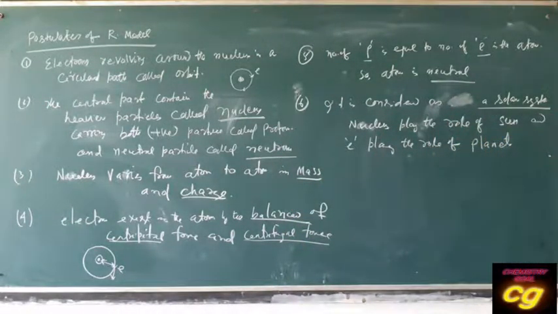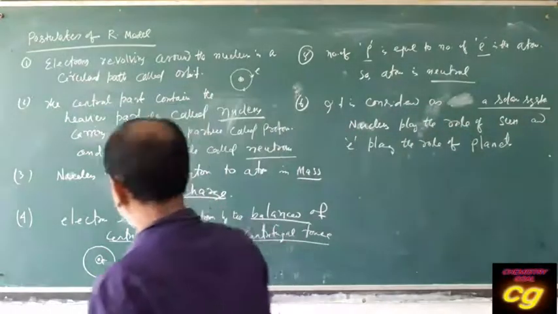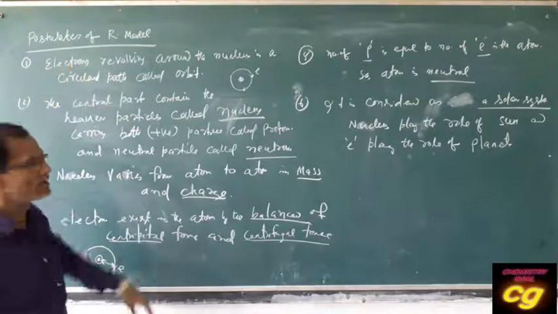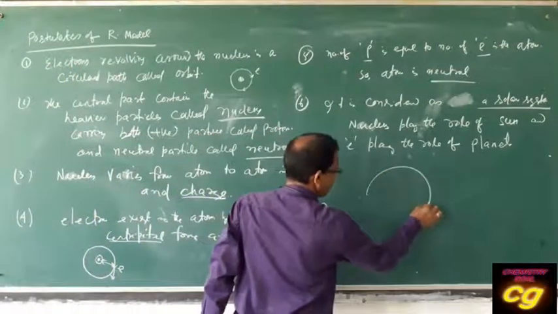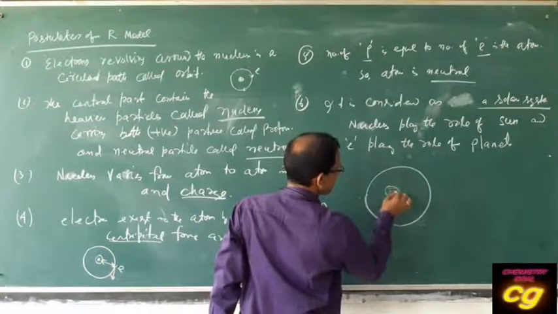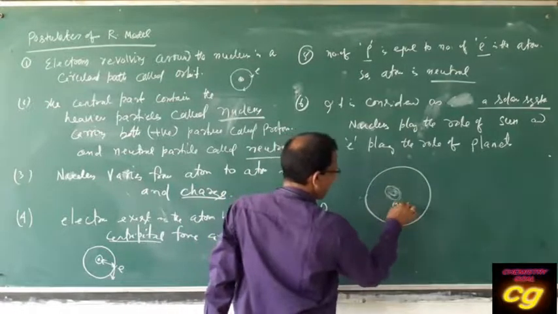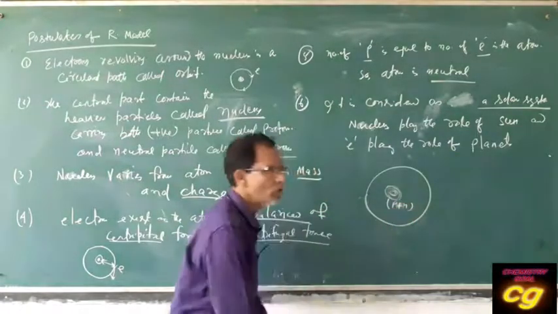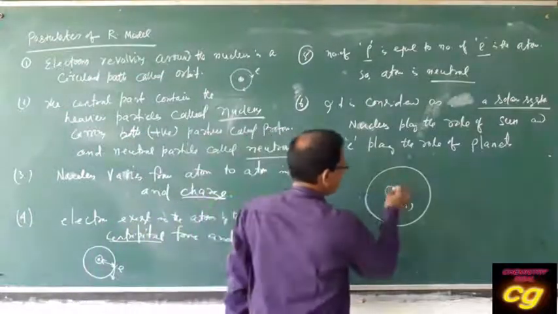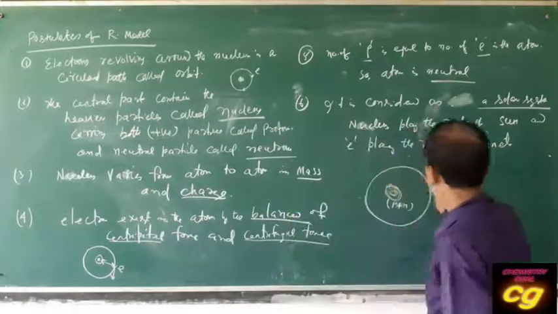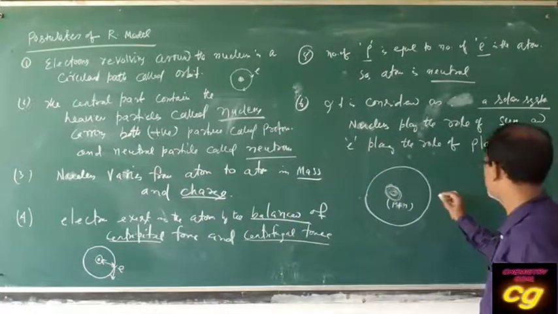So these are some postulates of Rutherford's model. Only two things are important. The whole atom has two parts. This is your nucleus, made of proton and neutron. And the outer side of the nucleus is the extra nuclear part, that is electron.